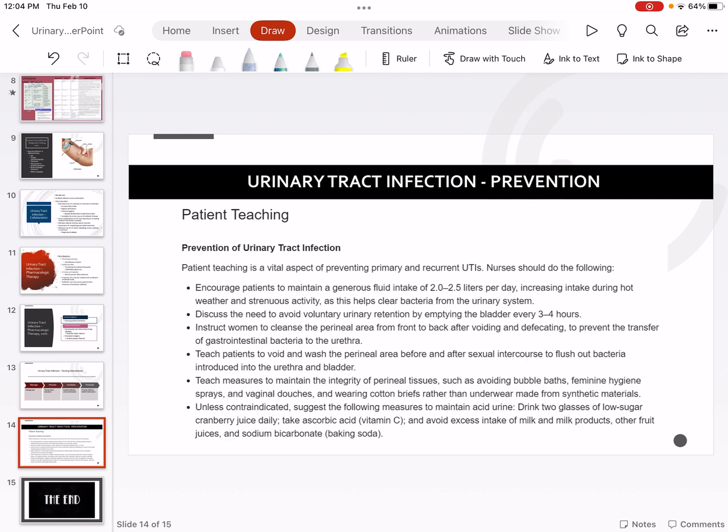And then a non-opioid analgesic is acetaminophen or Tylenol. And that does not reduce inflammation, but it does help to decrease pain and it can reduce fever. It's contraindicated in clients with severe hepatic impairment or active liver disease because, again, it can damage those organs. And it does not typically cause adverse effects.